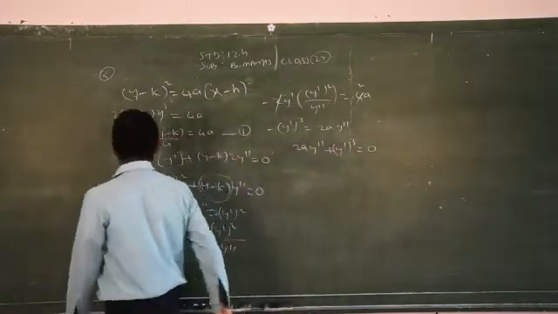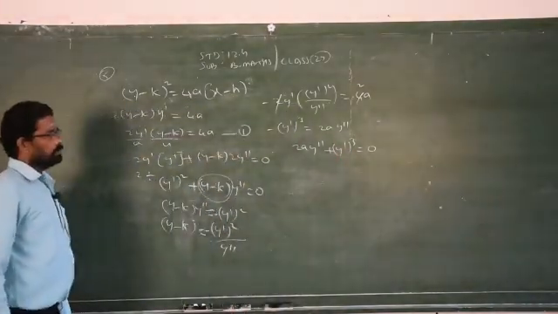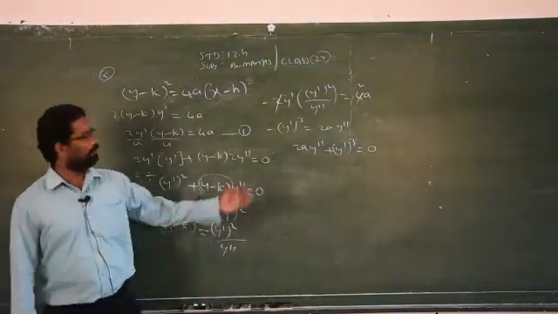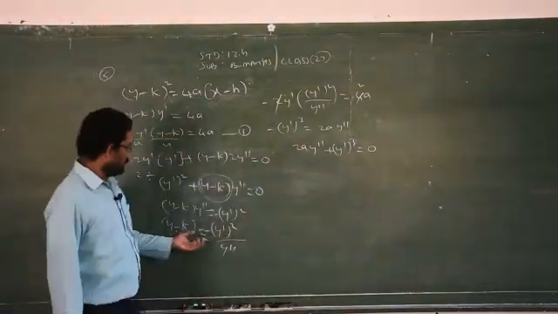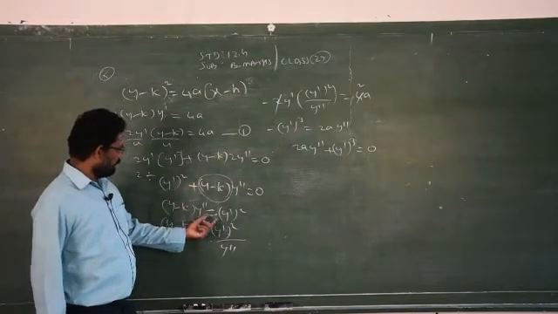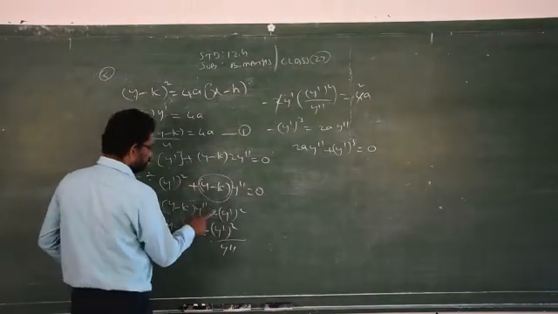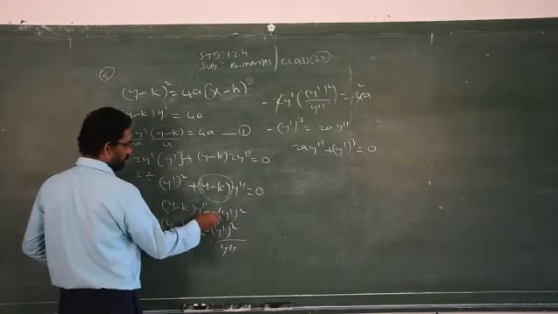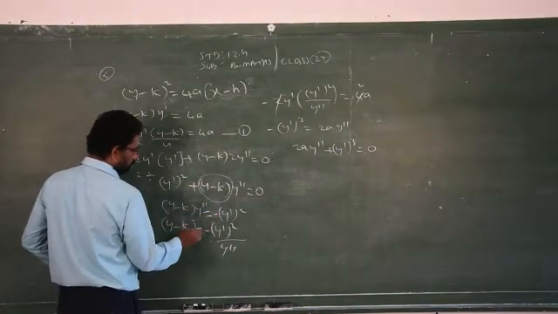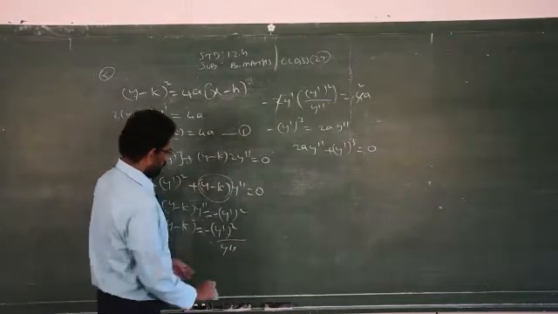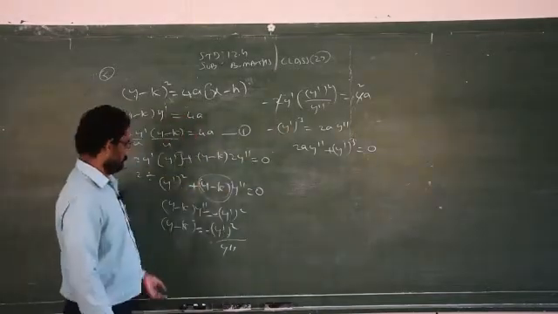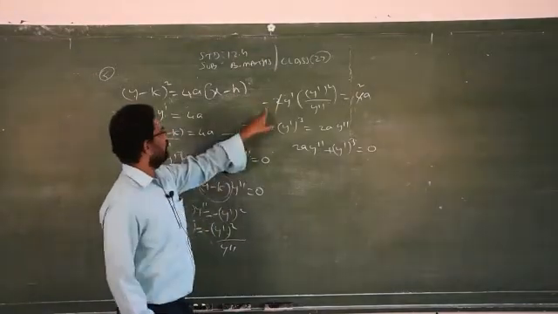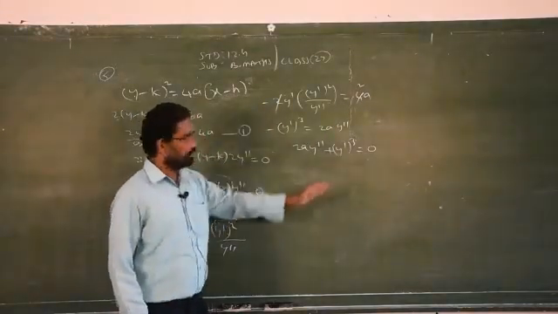You can leave it as it is. No need to replace y dash by dy by dx, or y double dash by d square y by dx square. Not necessary. Clear? Just I left one minus sign over here. When I transfer, plus will become minus. So I take the minus to the right side, and I will get its answer.